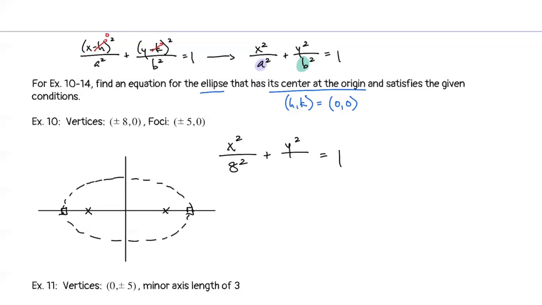You could do the Pythagorean Theorem setup that you showed earlier. So to find b squared, we can say the bigger denominator equals b squared plus, what's c squared?